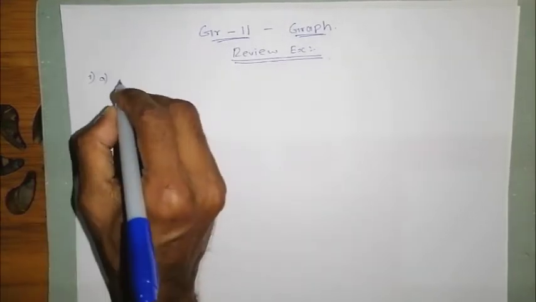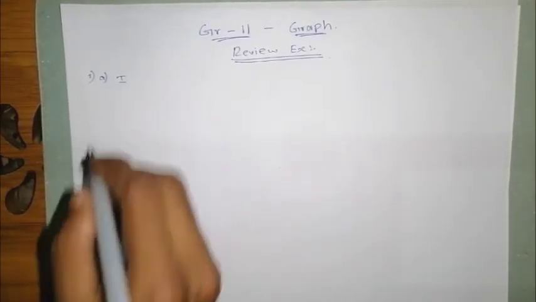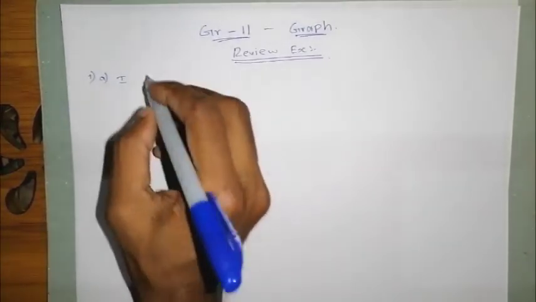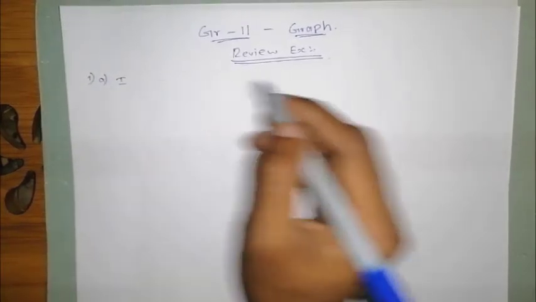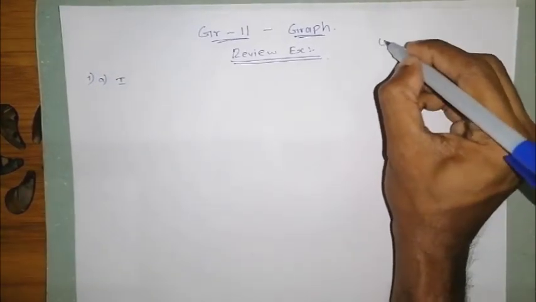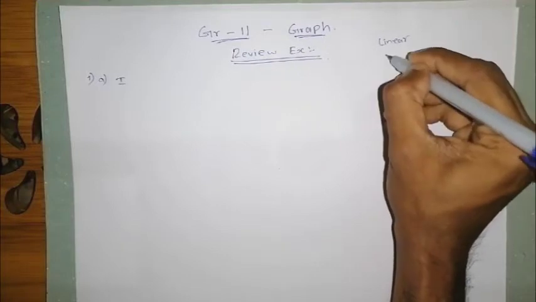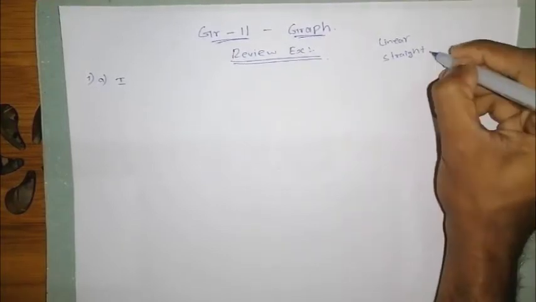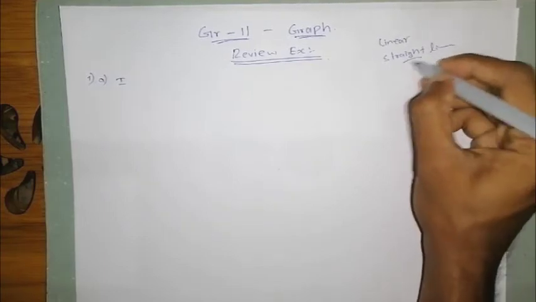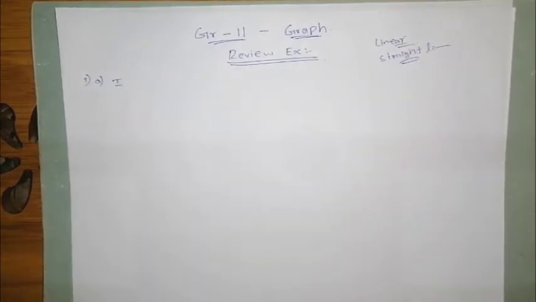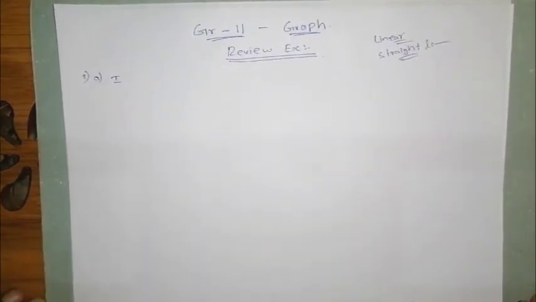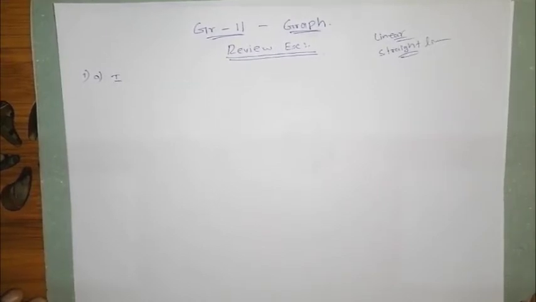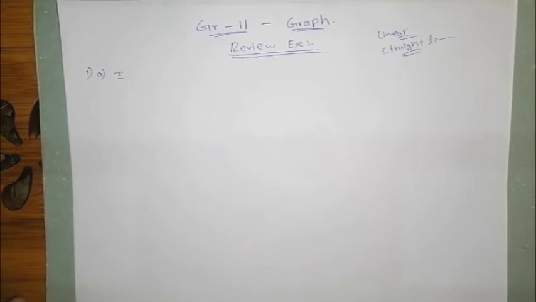So they gave four different linear graphs. We can call it a linear graph or a straight line graph; both words can be used for this graph. We started to study linear graphs in grade 9.